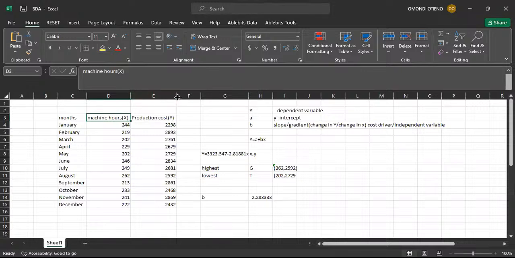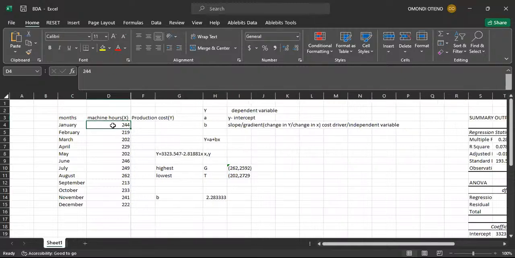Assume that you don't have this column of production cost. This is what will determine the total production cost. So it is what will tell you the highest value and the lowest value. It will tell you the highest value pair and the lowest value pair. Assume that those values of production cost are invisible.